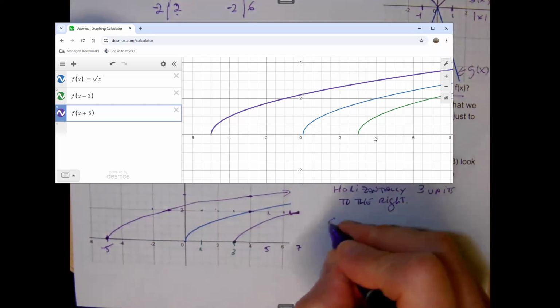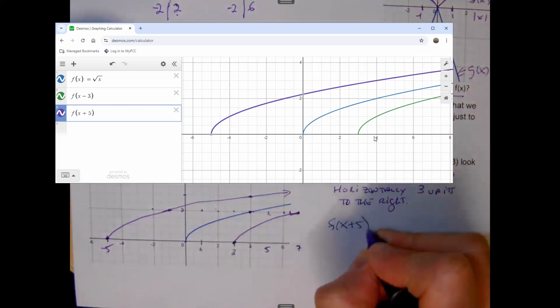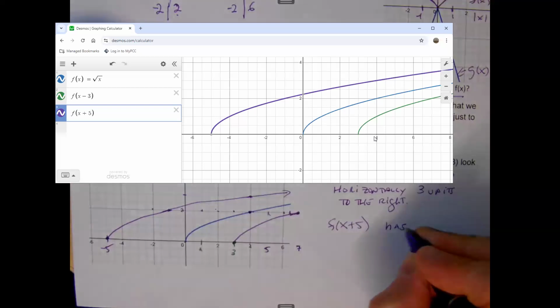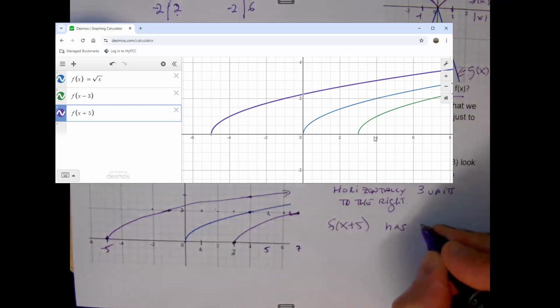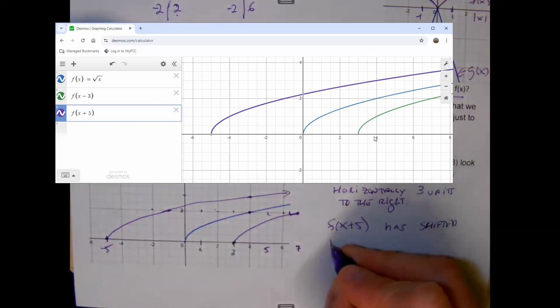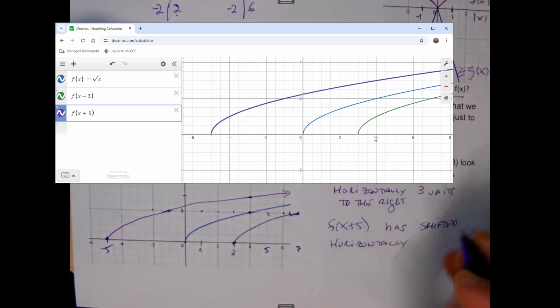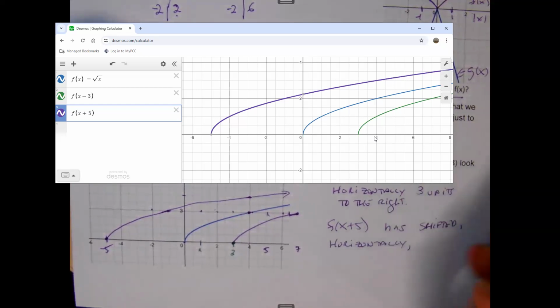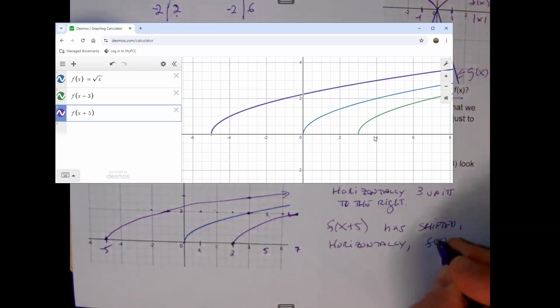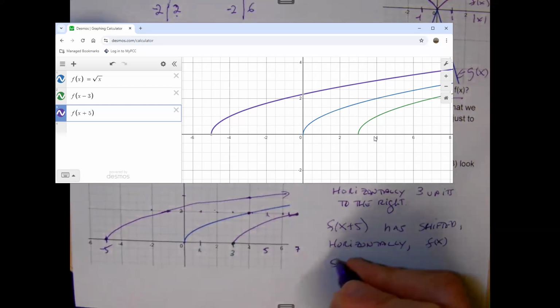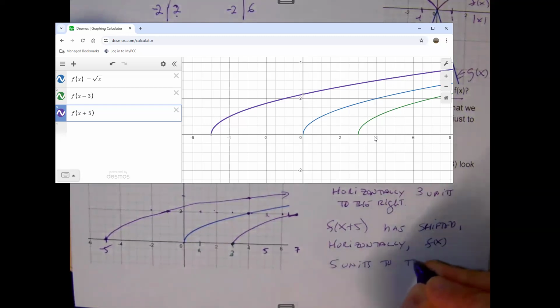So it looks like f of x plus 5 has shifted horizontally, 5 units to the left.